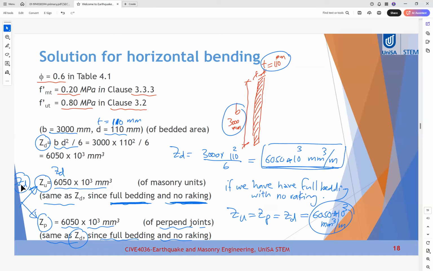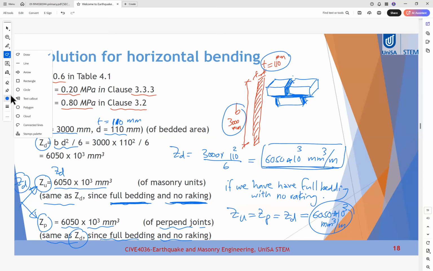Okay, this means that we have three elements, right? The unit, the pre-bend joint, and the horizontal joint. So this condition means that the critical one of the three elements will be the value of ZB.